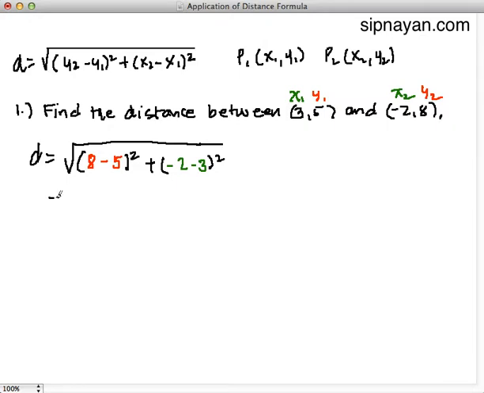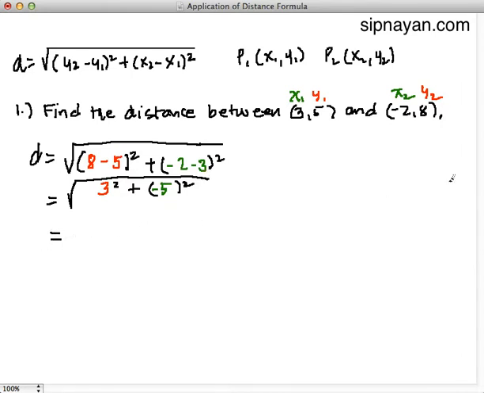So, this is equal to, what is 8 minus 5? It is 3, squared, plus, what is negative 2 minus 3? That's negative 5, squared. And of course, meron pa rin tayong square root.